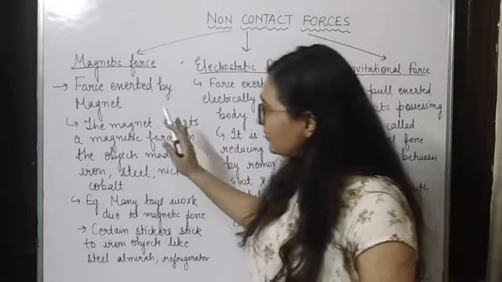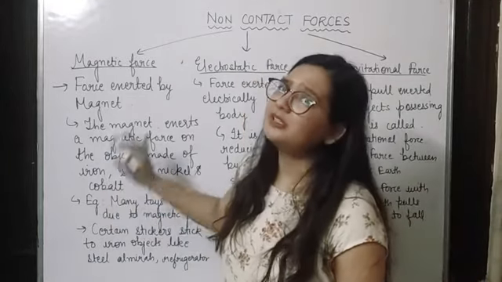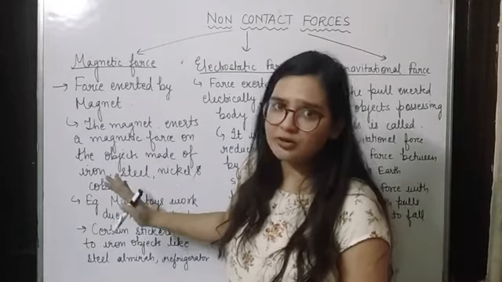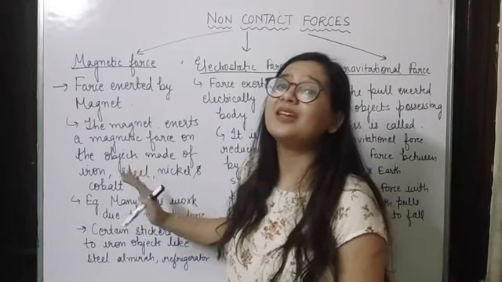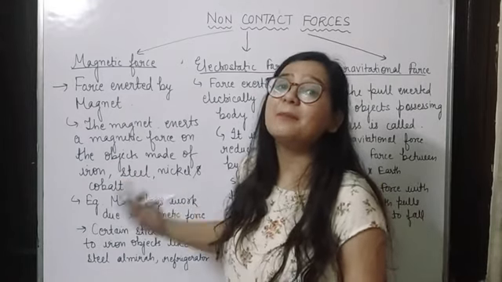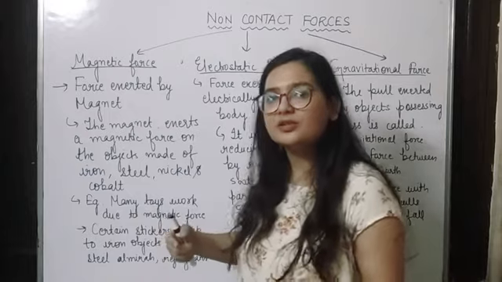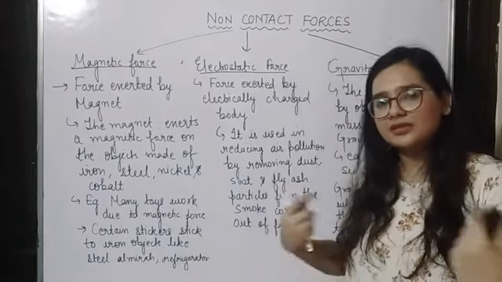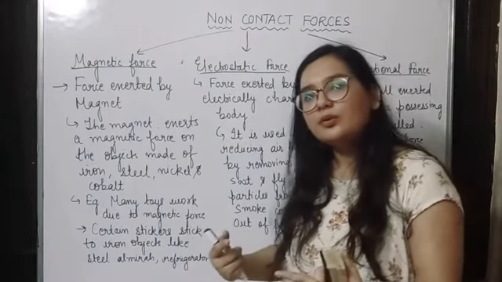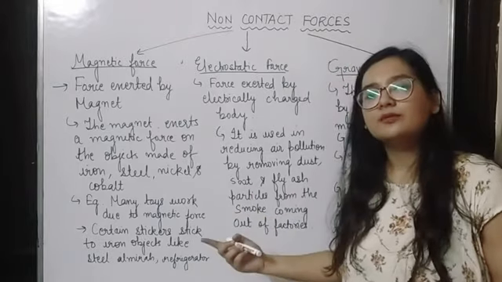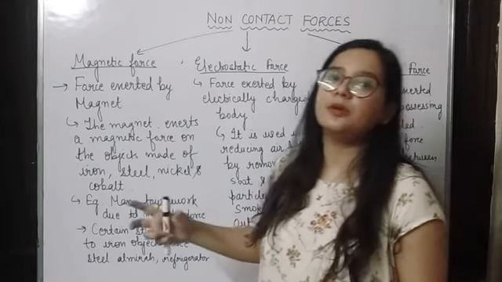So basically in this, you just have to remember that these are non-contact forces, the forces that are exerted by magnets. Just like in muscular force, muscles were playing the main role, similarly in magnetic force, the magnet is playing the dominant role.